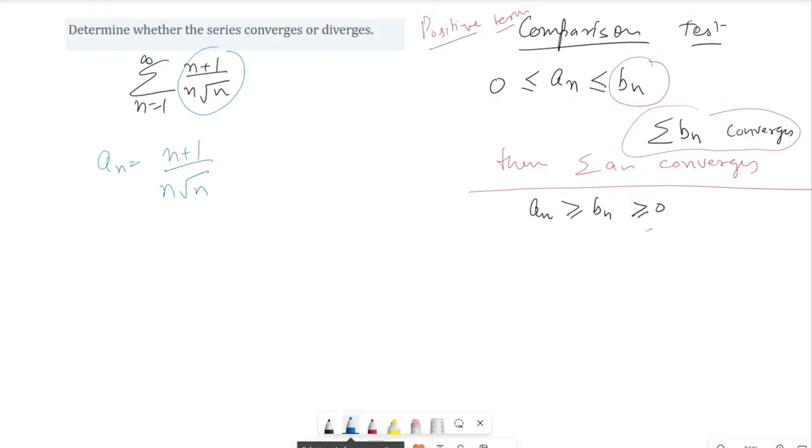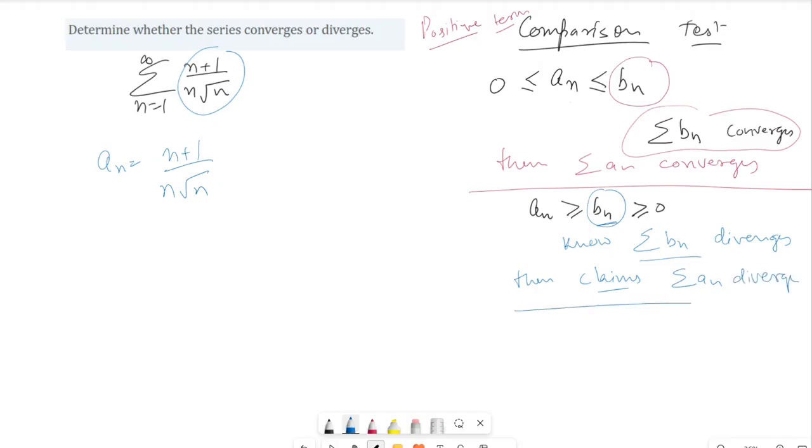If we know that b_n diverges, we know that a_n diverges. Pay attention that b_n is the smaller term here, so if the smaller series diverges, then the comparison test claims that the larger series will also diverge. This is your comparison test.